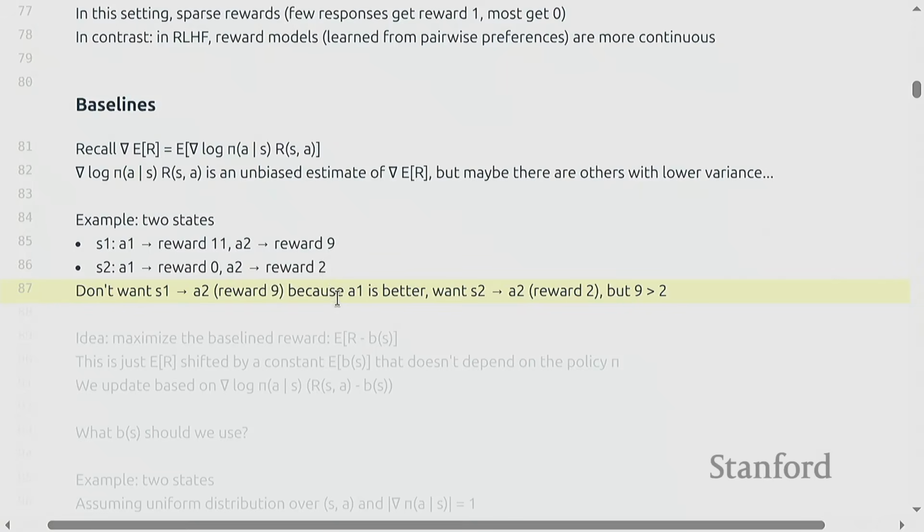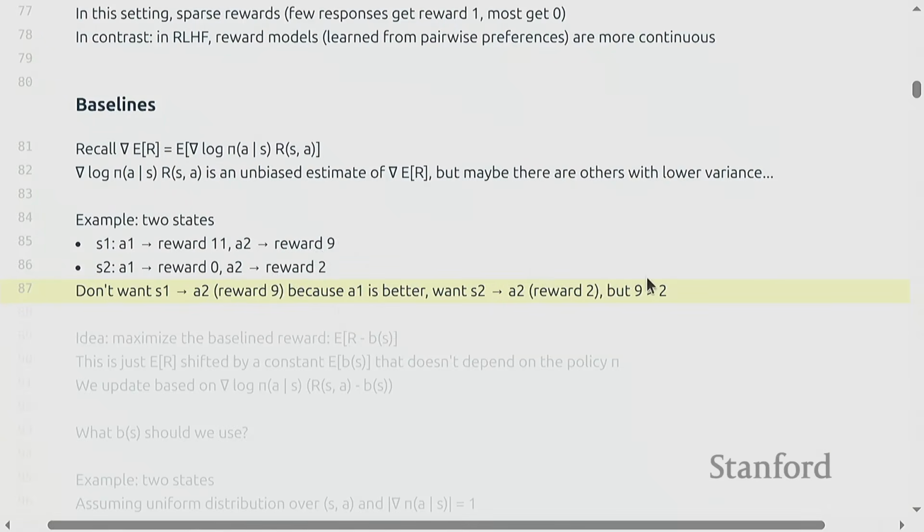So you can end up in situations where, think about S1 as being a really easy question, and S2 is maybe a harder question. Just because something gets high reward doesn't mean you absolutely should be updating aggressively on it.